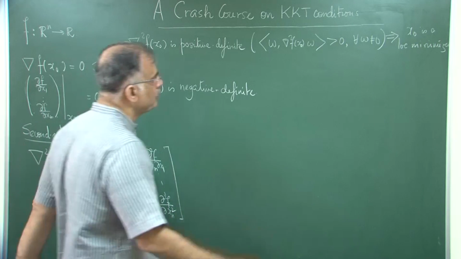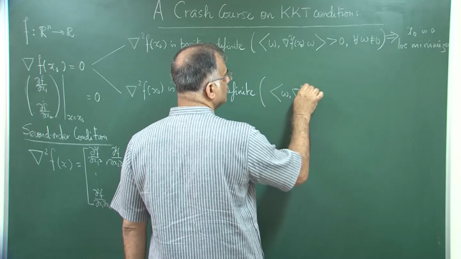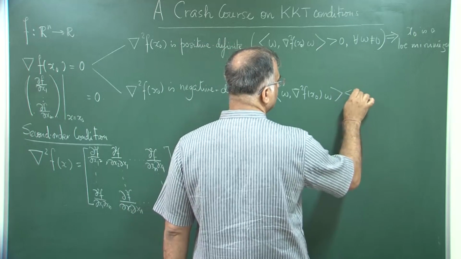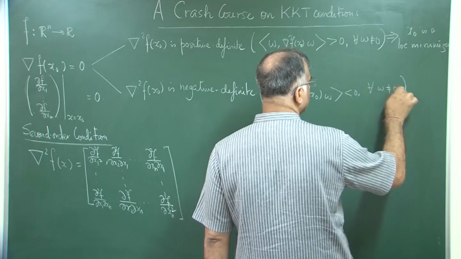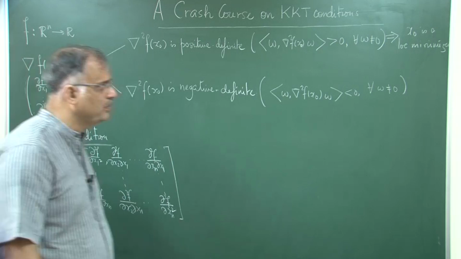While the opposite is of course true, you just have to change signs. And that would imply that x naught is a local maximizer.